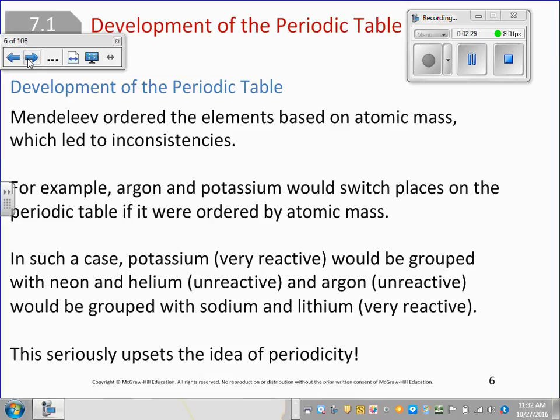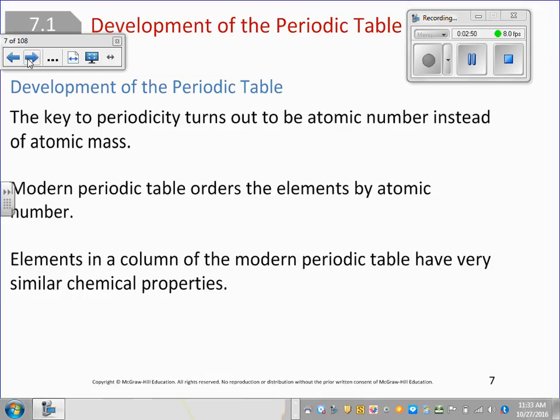But if you look at the properties of argon, it's pretty much an inert gas, noble gas. Whereas potassium is a metal, very reactive. So that didn't jive with what's going on. Turns out the key is not the atomic mass, it's the atomic number.